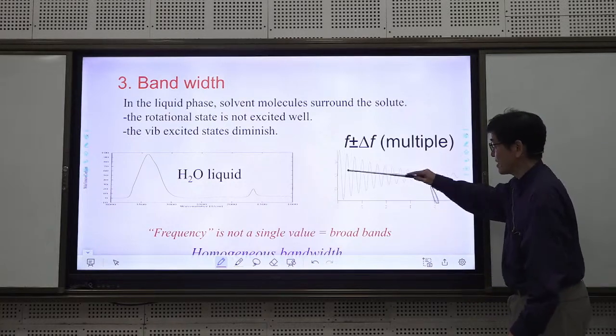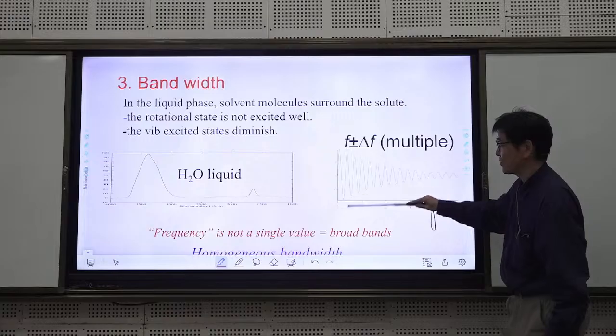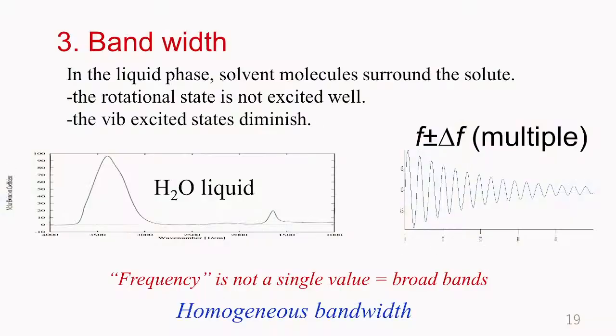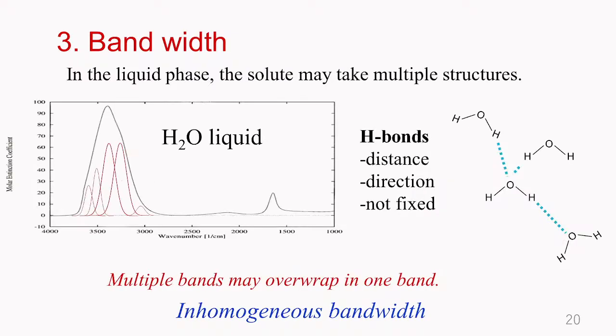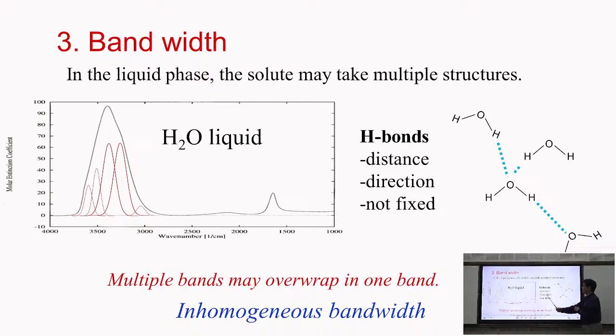And I explained intrinsic bandwidth, homogeneous bandwidth. There is one more origin, so-called inhomogeneous bandwidth. That is due to the multiplicity of the structure.